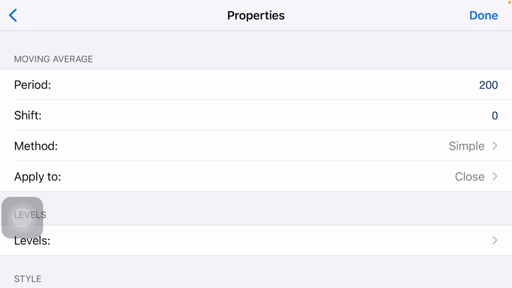Bear in mind, note this down: the higher the period, the slower its movement, or the slower that it affects prices. The smaller the period, the faster its movement.